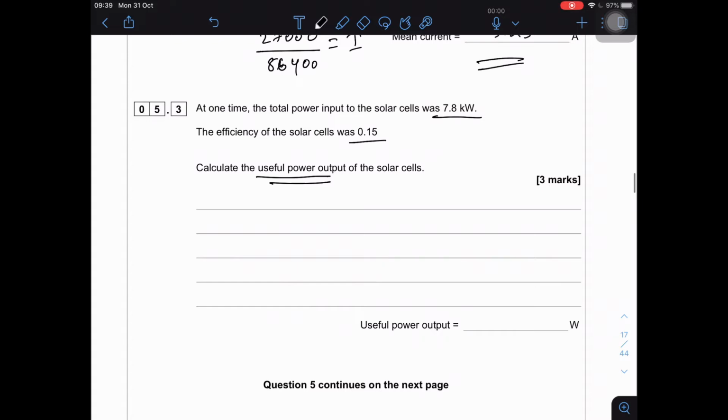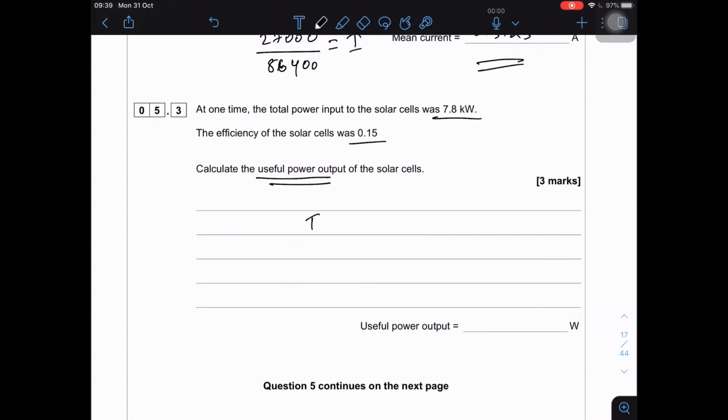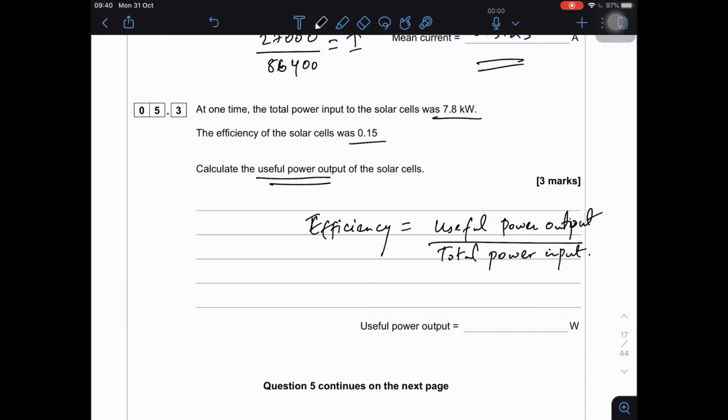Now, efficiency equals useful power output divided by total power input. This is the equation.